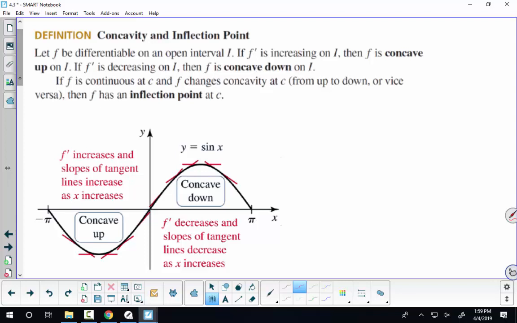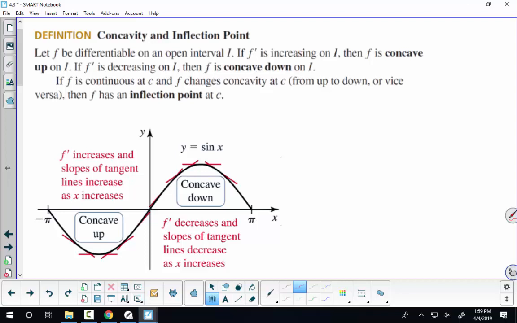When you look at a graph, most of the time it's really easy to tell where the maximums and minimums are, and where the function changes from increasing to decreasing. That's pretty straightforward. However, most of the time it's not clear where the concavity changes.